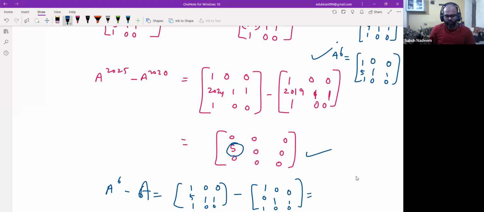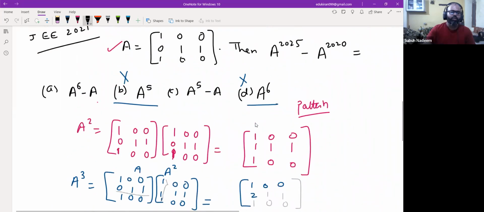After subtraction you will get 0 0 0, 5 0 0, and 0 0 0. So this is actually a to the power 6 minus a, which is the same as a to the power 2025 minus a to the power 2020. Both are same. So option A is correct, and option C will not be correct, because a to the power 5 minus a will give you 4 at that place, not 5. So this will be the correct option.